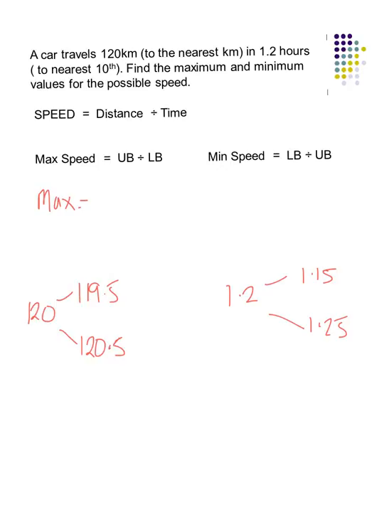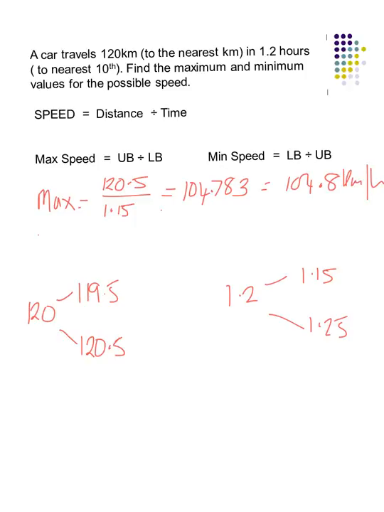So my maximum speed is going to be the maximum distance, which is 120.5, over the smallest time. Working that out on my calculator, I have 120.5 divided by 1.15, which will give me 104.8 kilometres per hour.